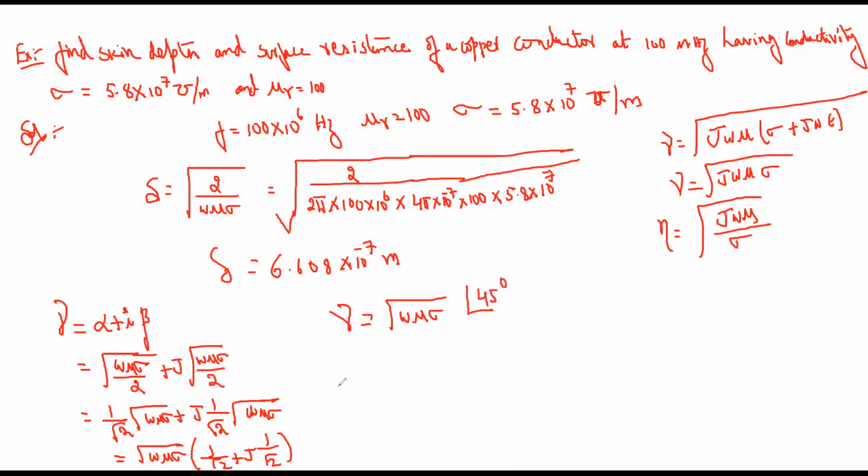Okay, and this angle you can write as under root of j and under root of omega mu sigma. j means the one angle with 90 degrees, under root is the one angle with 45 degrees. Okay. Therefore, gamma is equal to, you can write, j omega mu sigma is what we have here.